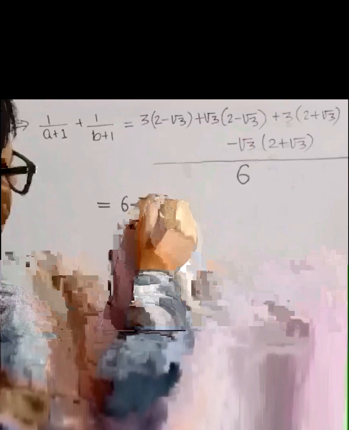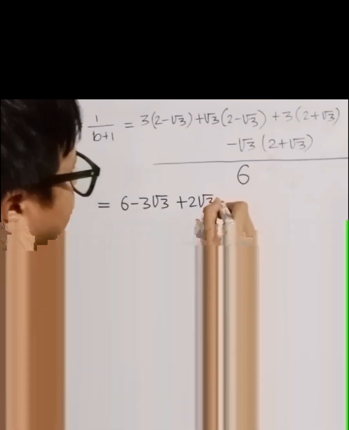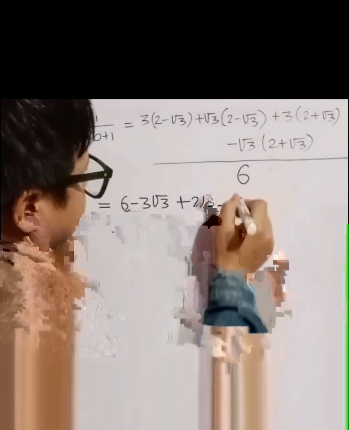And now we can open the bracket in the next line. 3 into 2 is 6, plus into minus is minus, 3 into root 3, plus into plus is plus, root 3 into 2 is 2 root 3, plus into minus is minus, root 3 into root 3 is 3.